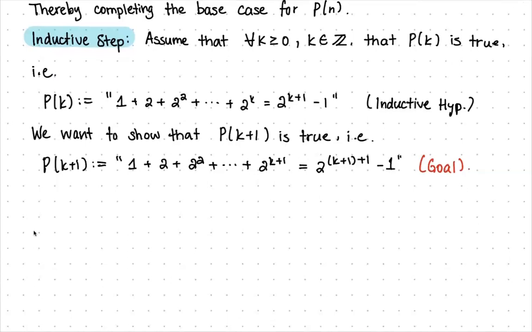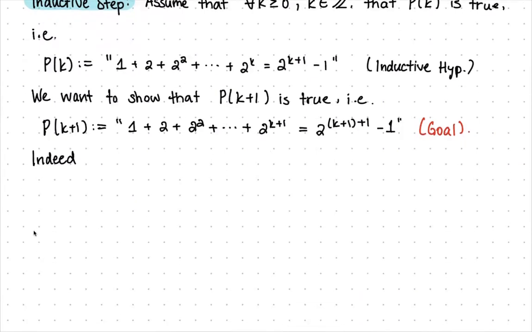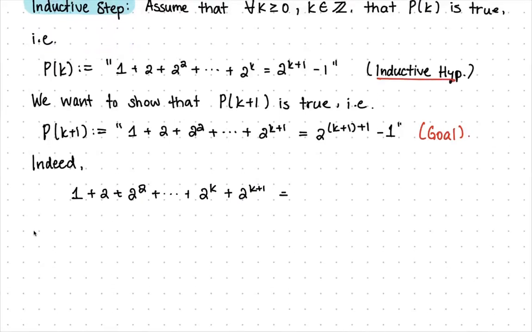Okay, so indeed, let's work with the left-hand side. What we have is 1 plus 2, 2 squared, and I'm going to rewrite this until we reach the 2 to the k, and then 2 to the k plus 1. This is equal to, by the inductive hypothesis, so we're going to use this fact now, this part up to here is equal to 2 to the k plus 1 minus 1.